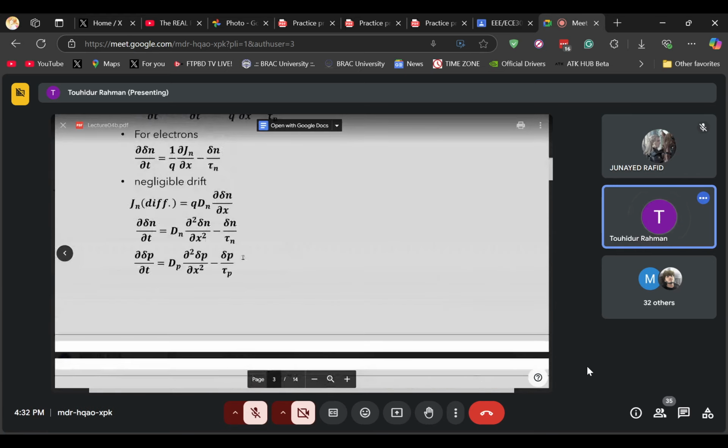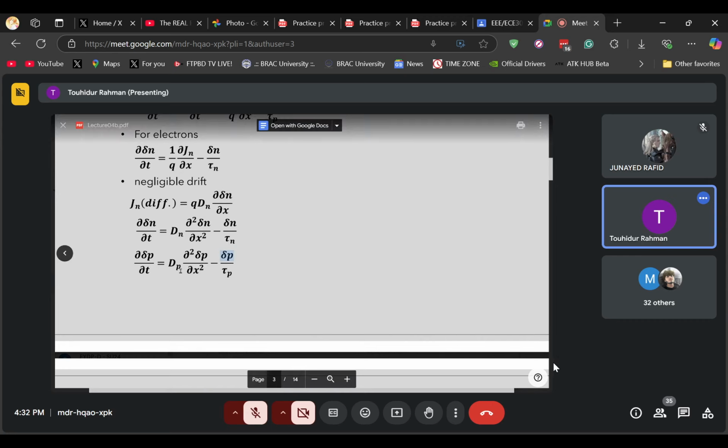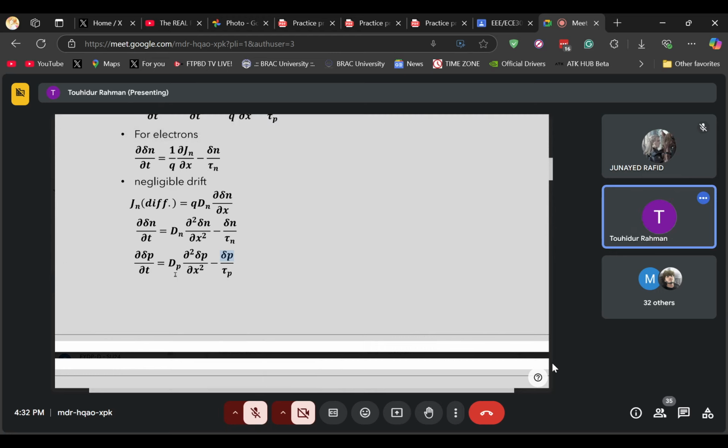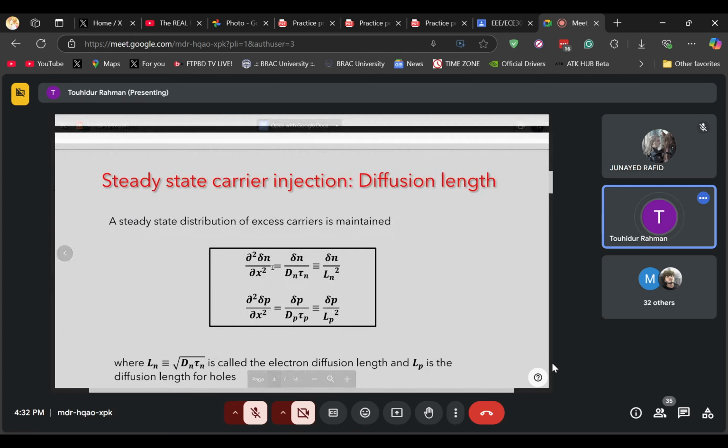But if a dependent parameter is a function of more than one variable, in this case x and t, then we call it a partial differential equation. Although the symbols look like partial, by definition this is a regular differential equation, because delta p is our dependent variable, a function of x only, right? I hope that makes sense.